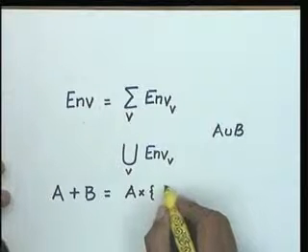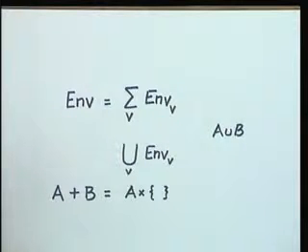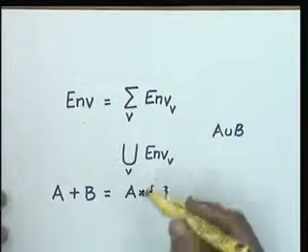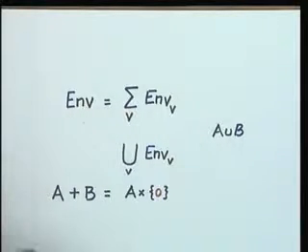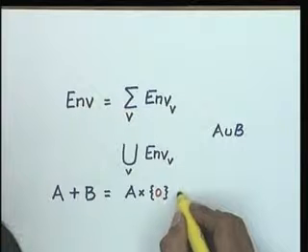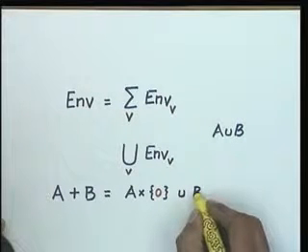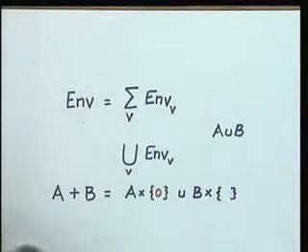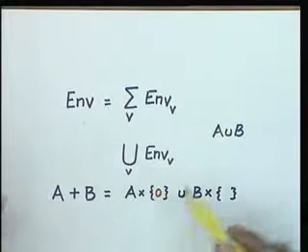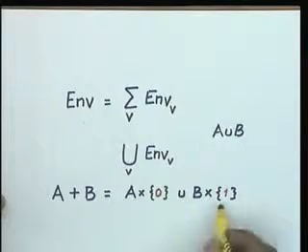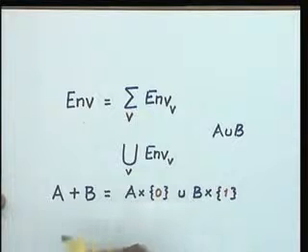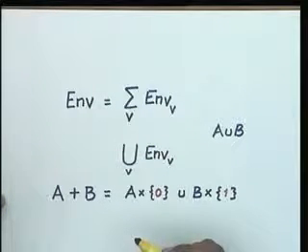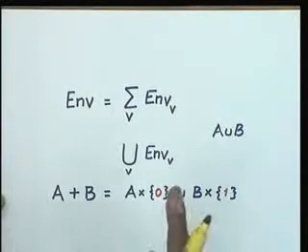So I'll give a tag of 0 for the elements of A, and a tag of, let's say, 1 for the elements of B. Similarly, if I take the set of all naturals disjoint union the set of all roll numbers of BTech students, then I am actually tagging them appropriately.